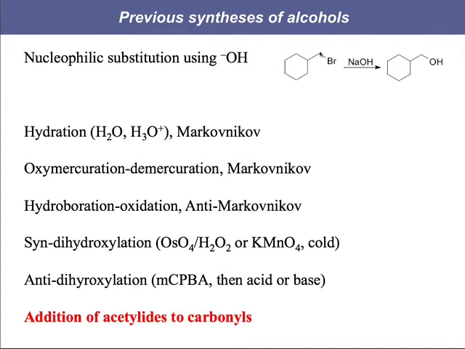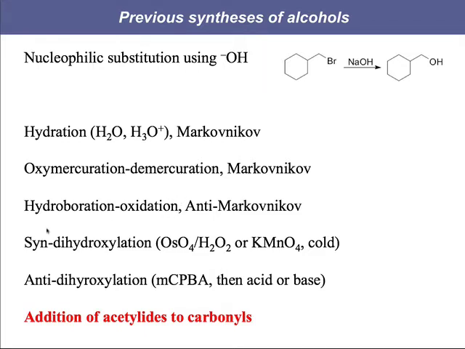You displace the halogen and you get an alcohol. We did hydration using H2O and H3O+, so acidified water. Hydration of an alkene was Markovnikov addition of an alcohol. Also oxymercuration, demercuration was Markovnikov addition of an alcohol. We did hydroboration oxidation, which was anti-Markovnikov addition of alcohols.